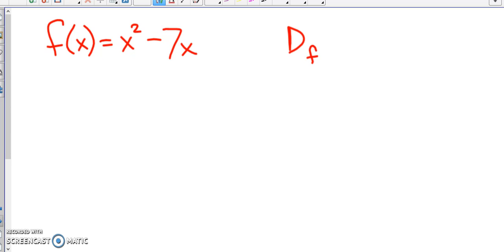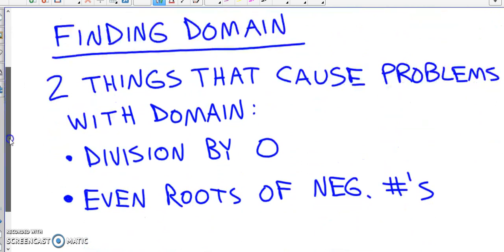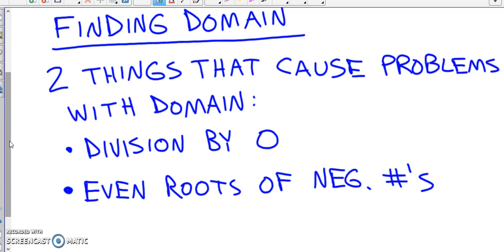I'd like to consider the domain of f. So I look at my problem spots, right? Division by zero, even roots of negative numbers.